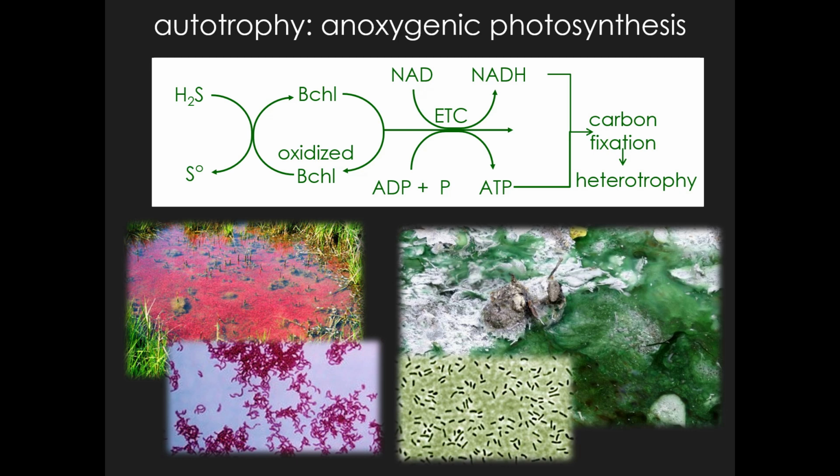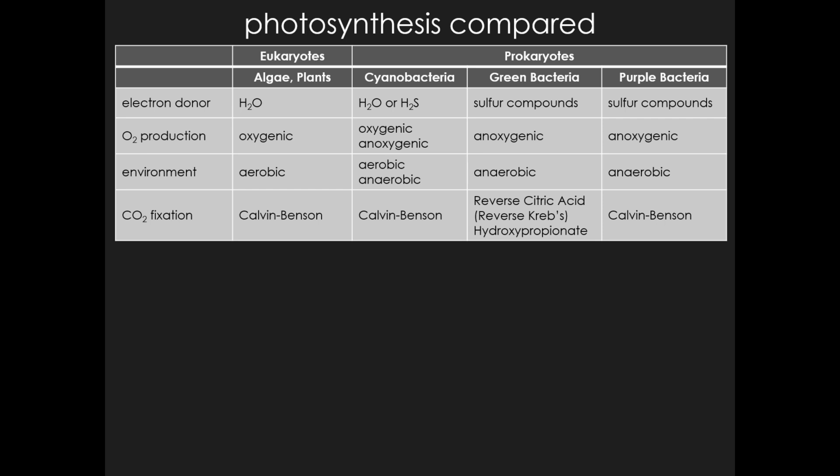So we have purple bacteria and we have green bacteria, all of which are capable of anoxygenic photosynthesis using sulfur as an electron donor.